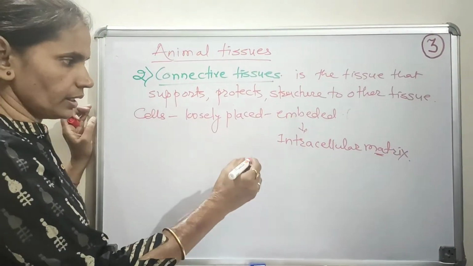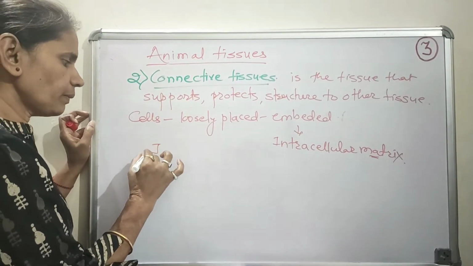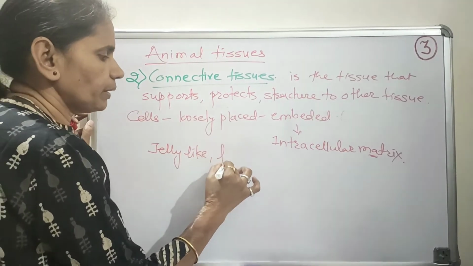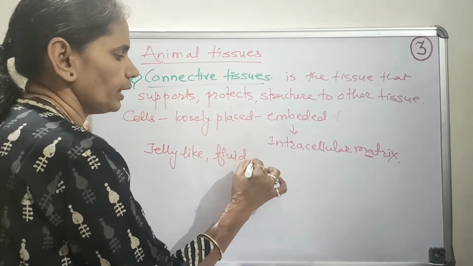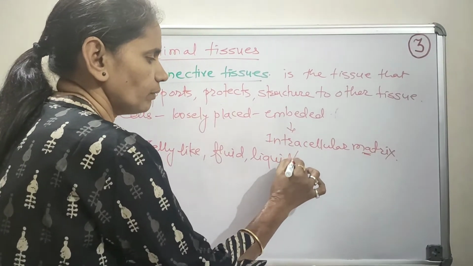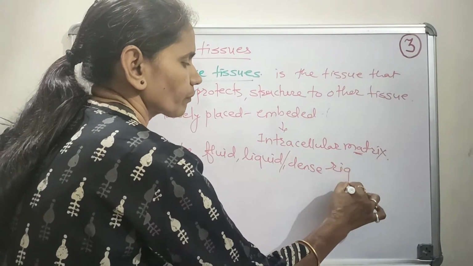This matrix may be of different natures. The matrix may be jelly-like, or it may be fluid, liquid or dense liquid, or it may be rigid.